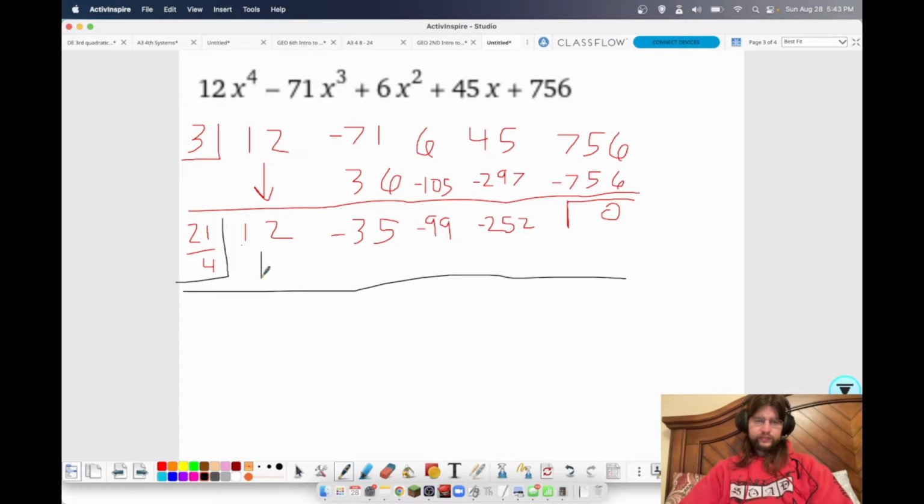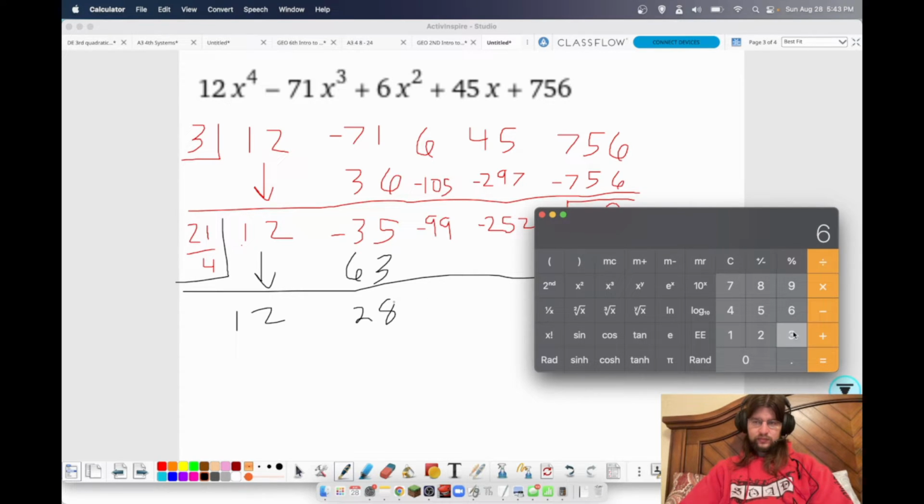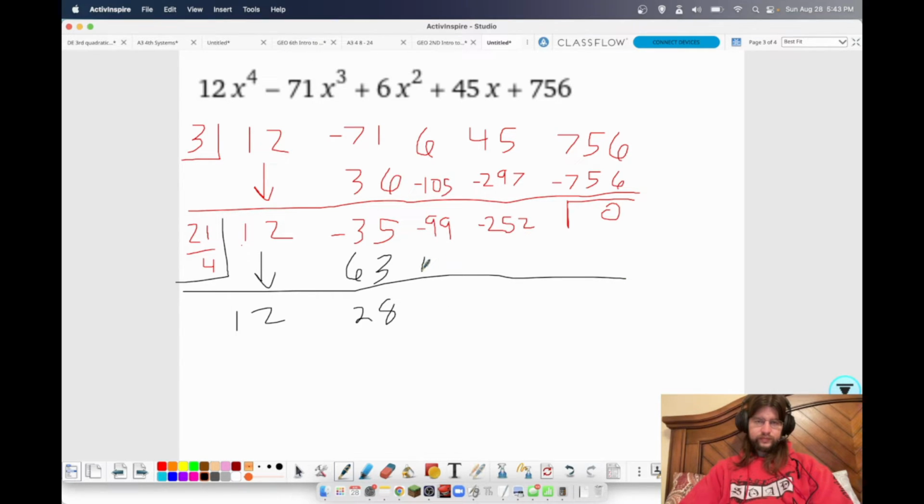Don't worry about the remainder. 12, 63, I should definitely be using a calculator. 28, 740, times 21 divided by 4, 48.